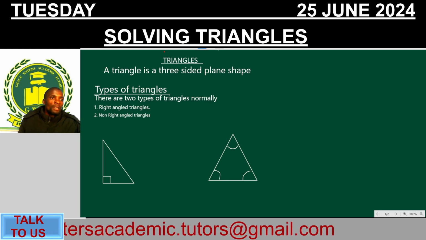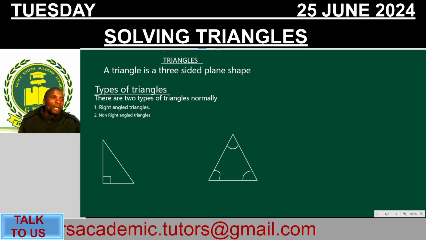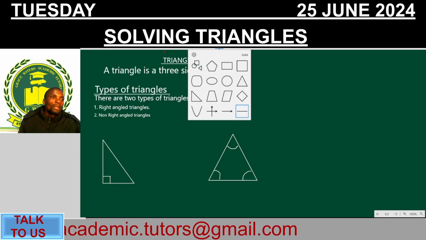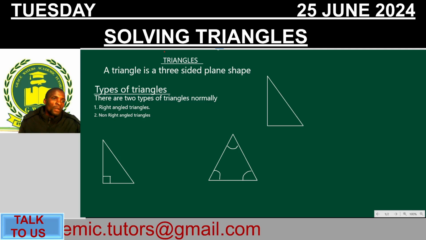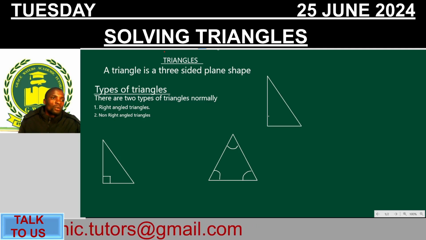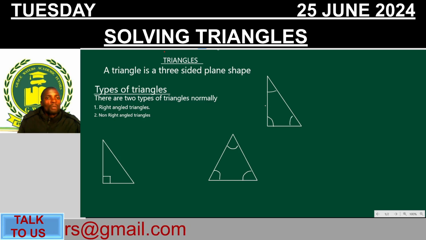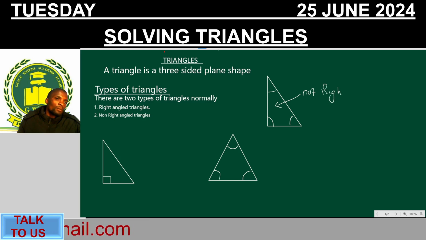If you are given a triangle, let me just do it for argument's sake here. Let's say you are given this type of triangle, and it is drawn like this. According to mathematical principles, this is not a right angled triangle, unless this angle is marked 90.